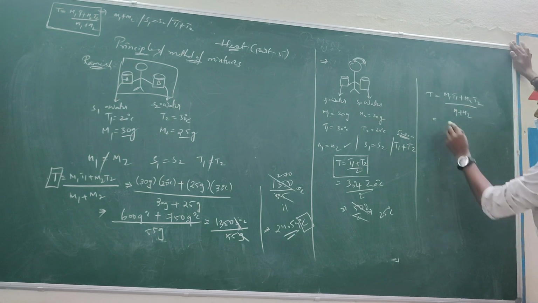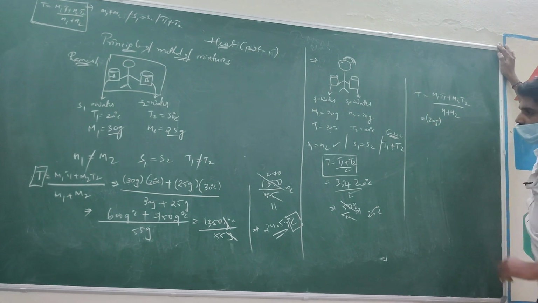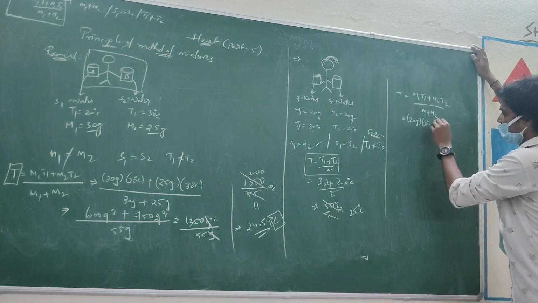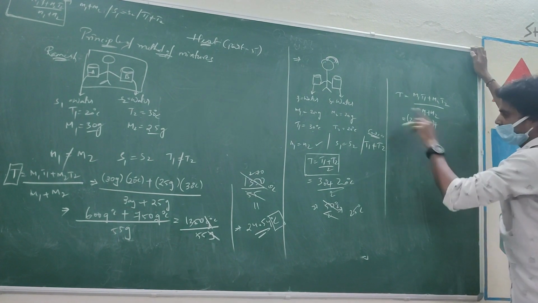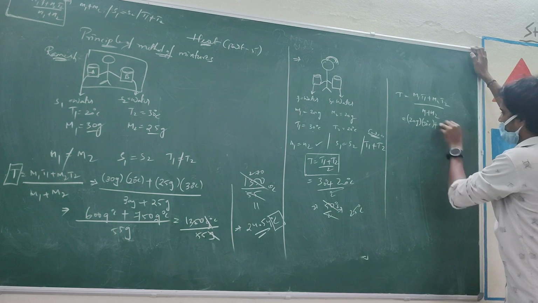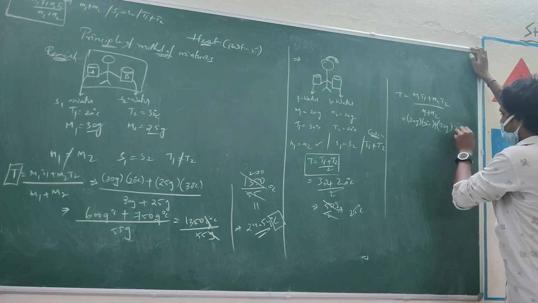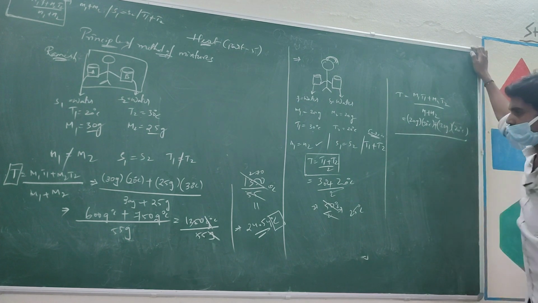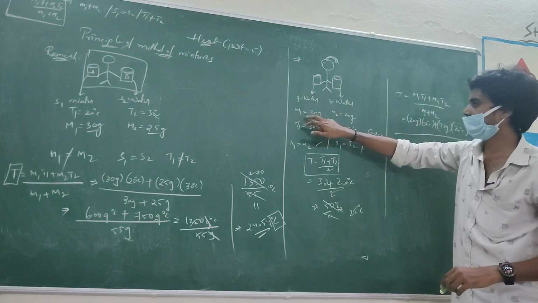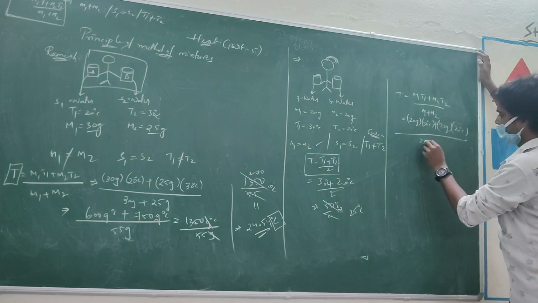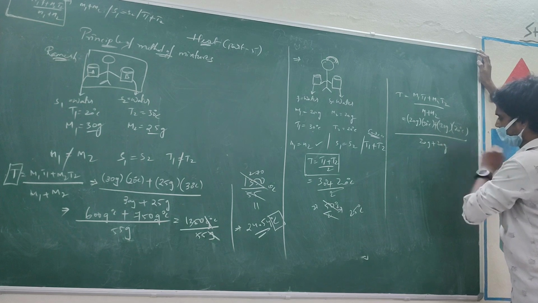M1 value 20 grams into T1 value 30 degrees centigrade plus m2 value is 20 grams and T2 value is 20 degrees centigrade, divided by m1 plus m2, which is nothing but 20 grams plus 20 grams, right?